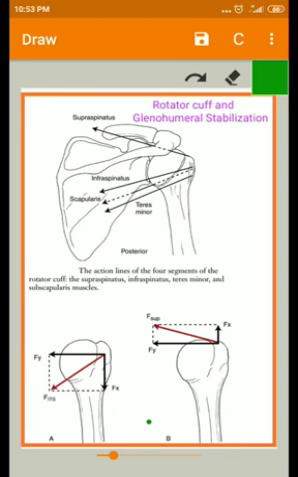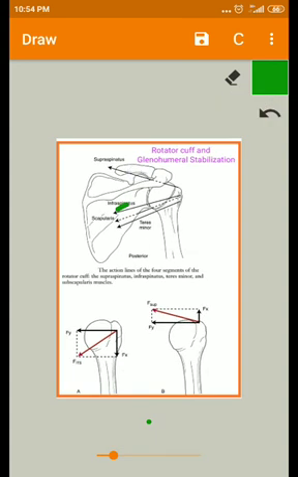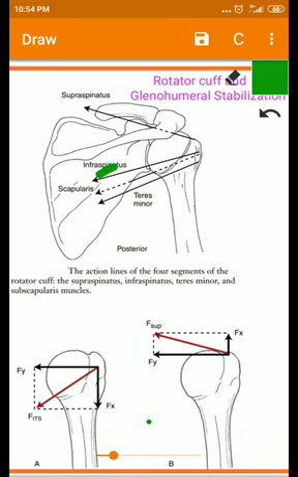Now, how it happens: the infraspinatus and subscapularis muscles add to abduction, whereas the teres minor adds to the lateral rotatory torque. So all these muscles will contribute in the abduction.